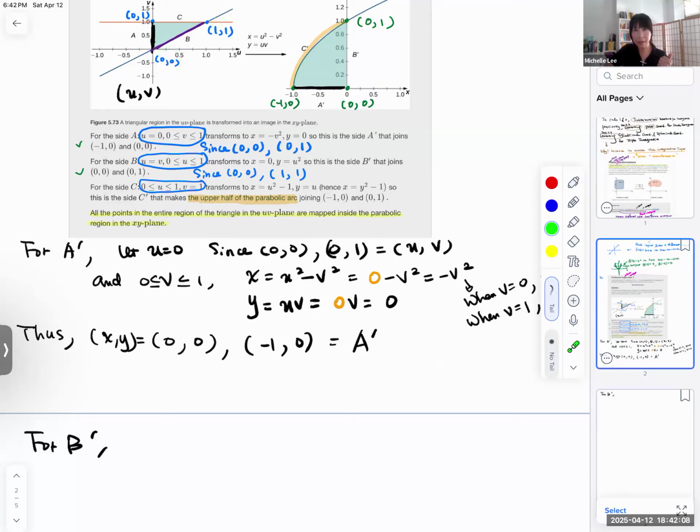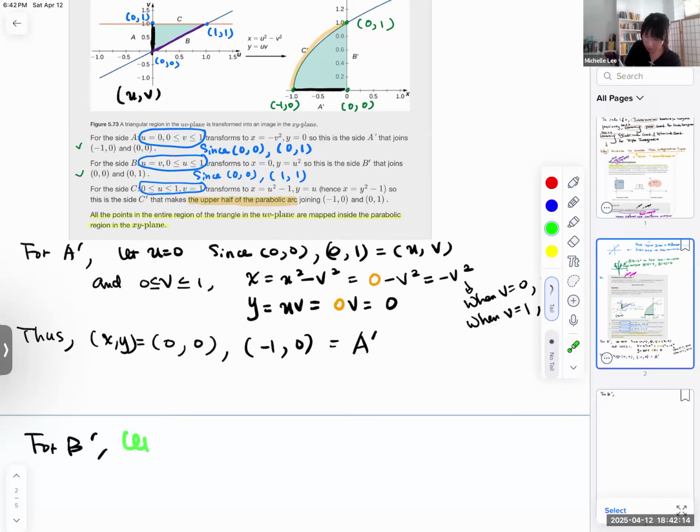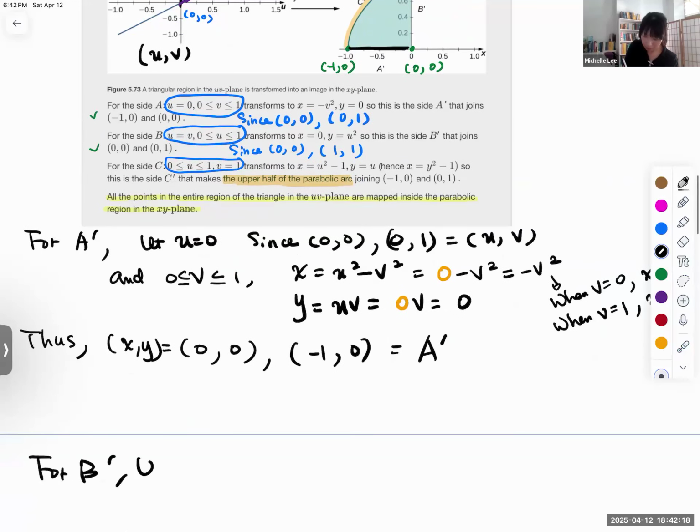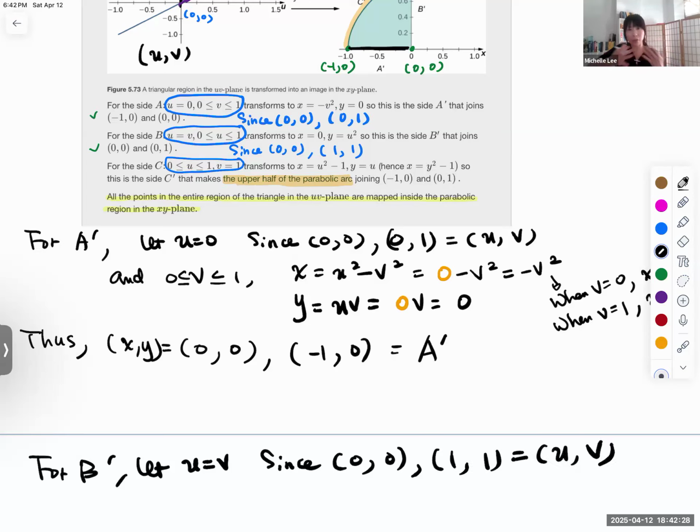Then that means we can set it up u equal to v, because 0, 0, 1, 1. Make sense? So let u equal to v since 0, 0, 1, 1, that is uv, right? So u and v are the same, right? We can say that.